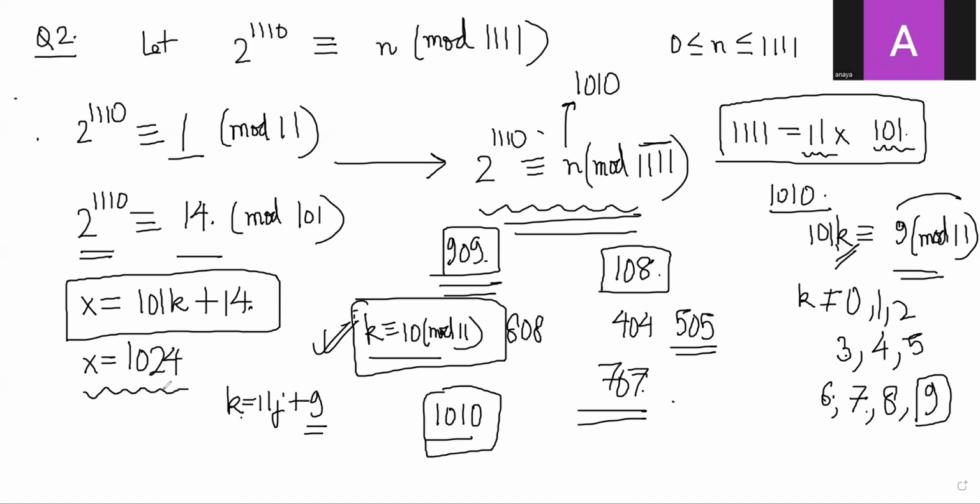So our answer is 1024 mod 1111. Do you understand what is happening? Yes. First we found the two congruences, then we are trying to solve the congruences. Here it was slightly annoying to do at this stage, but we figured out that K has to be 10 mod 11 for the overall thing to become 9 mod 11.